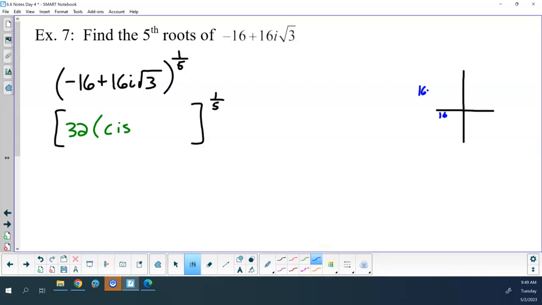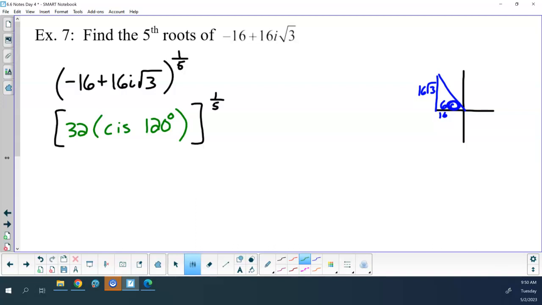We're going up 16 square roots of 3, right? So that means that this angle right here is the 60, so it's 120. Okay? So we rooted it. We trigged it. Now what do we have to do? We got to demoivre it, right?